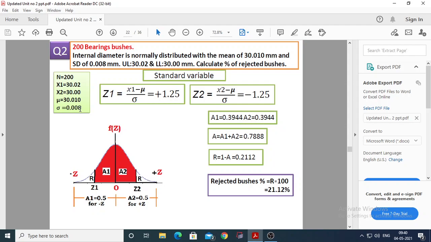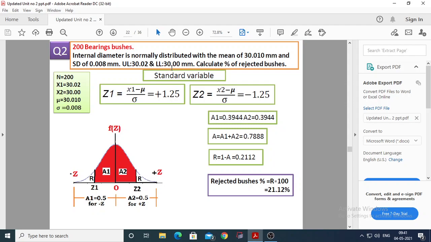Sigma is equal to 0.008 mm. The upper limit is denoted by x1, the random variable, given as 30.02 mm, and the lower limit is denoted by x2, which is 30 mm.